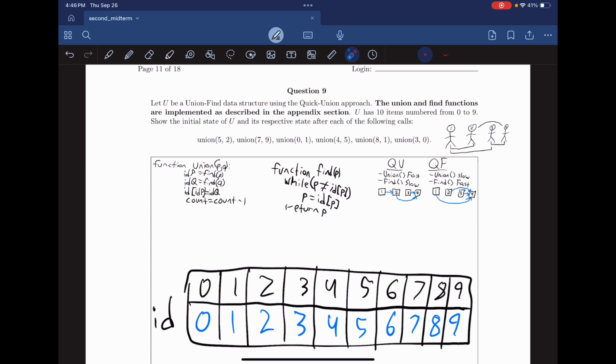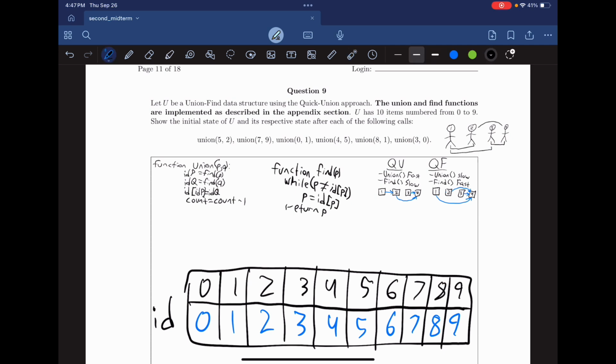Essentially, you really don't need to run through this find function manually because it's fairly simple when you get the hang of it. The find function goes through each index in the array, and it checks, is the index equal to the value at that index? If it's not, let's take that value and use it as our new index, and go check the value at that index. And we keep going until we find an index that has its value set as itself.